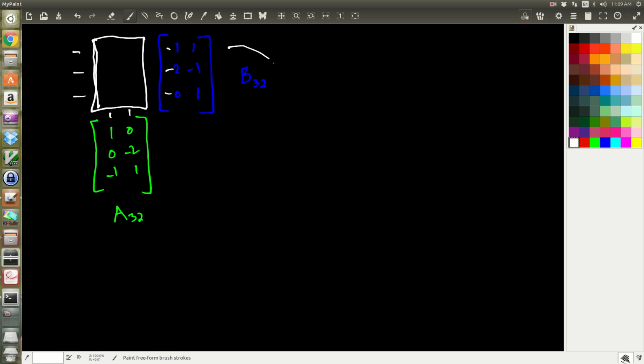So I'll have to rotate it, transpose it, if we were going to multiply them together. If I was going to do that, it would look something like this.